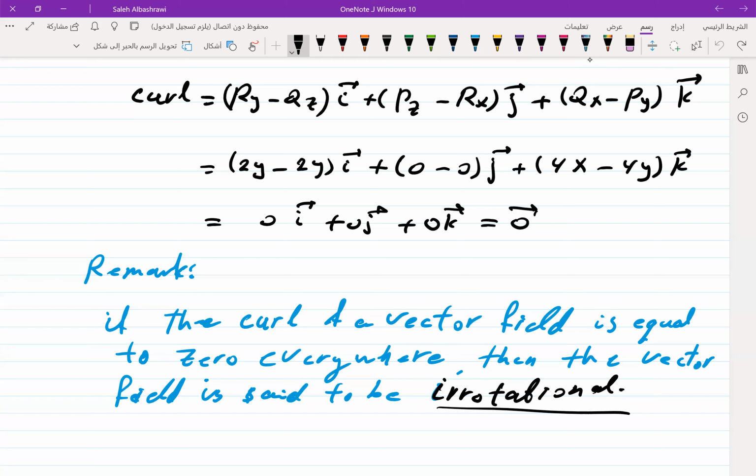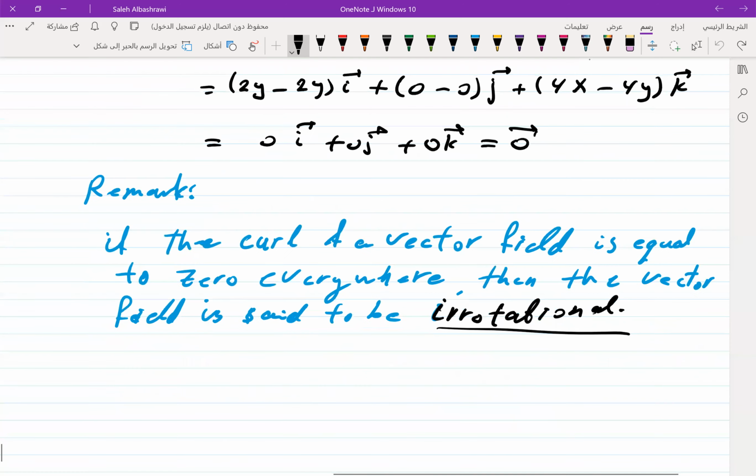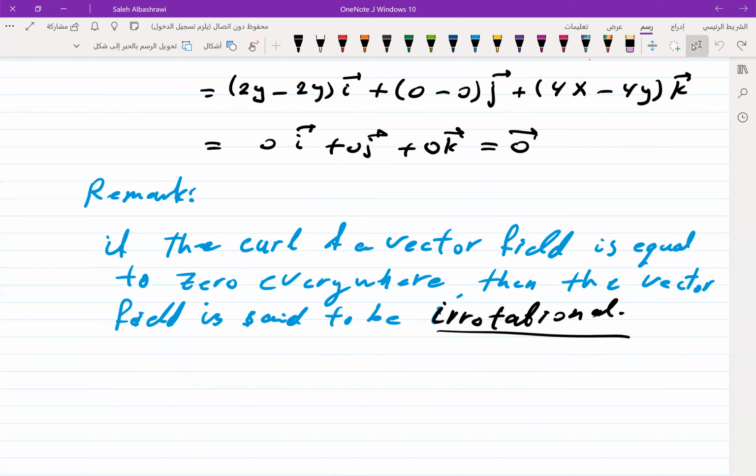If the dot product of the nabla with the vector field is equal to 0, then we call that fluid incompressible. And if we speak about it in the magnetic field or electromagnetic, we say that it is solenoidal if nabla dot f is equal to 0. If the divergence is equal to 0, then the fluid is called incompressible.